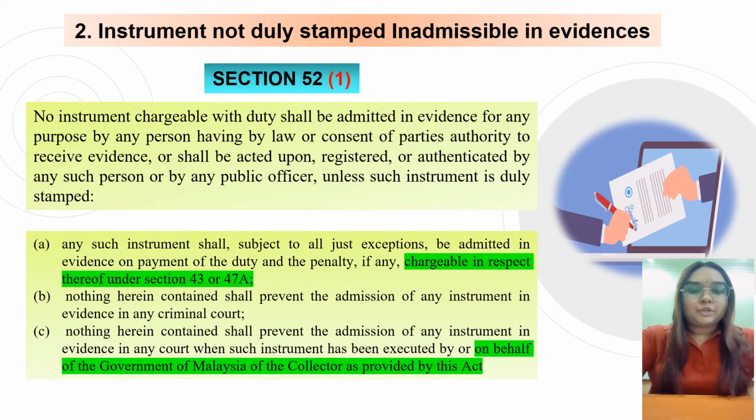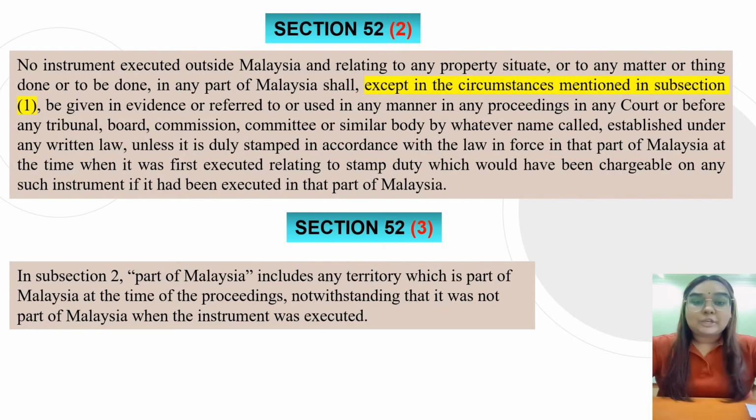Second, nothing contained shall prevent the admission of any instrument in evidence in any criminal proceeding. The last one, nothing contained shall prevent the admission of any instrument in evidence in any court when such instrument has been executed by or on behalf of the government of Malaysia or of the collector as provided by this Act. Continuing to section 52 subsection 2.